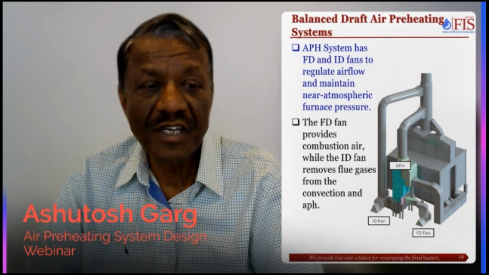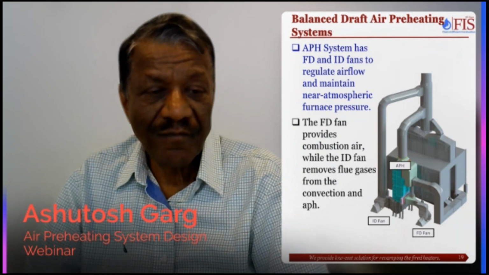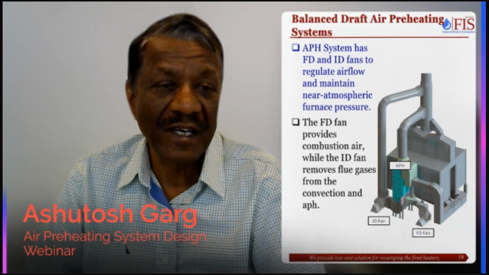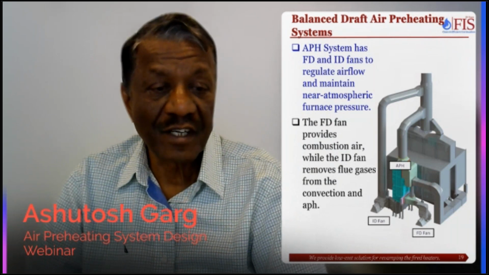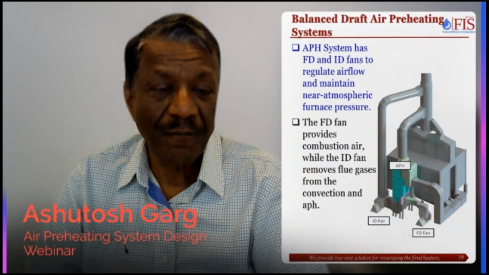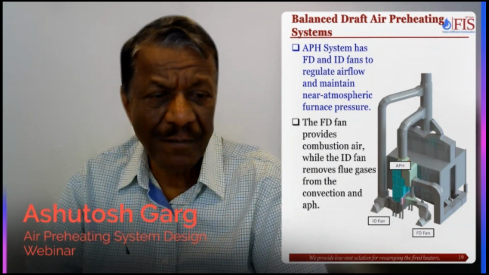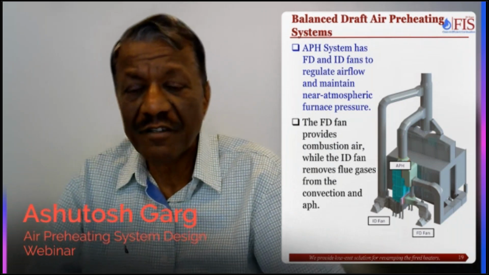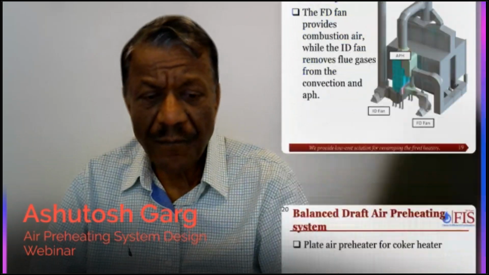You can see a twin cell fired heater with the hot flue gases going to the air preheater, going down, and then we have an ID fan over here, and the ID fan is sending the cold flue gases back to the stack. So that's the induced draft circuit. The forced draft circuit is an FD fan supplying the cold air to the air preheater. It gets heated up, and then with this hot air, it goes to the burners. So those are the distribution ducts. That's typically the system, the most common one.